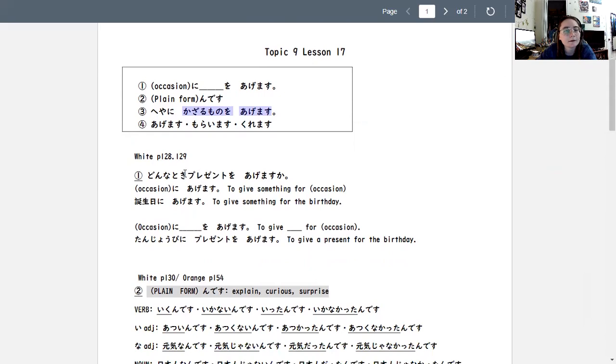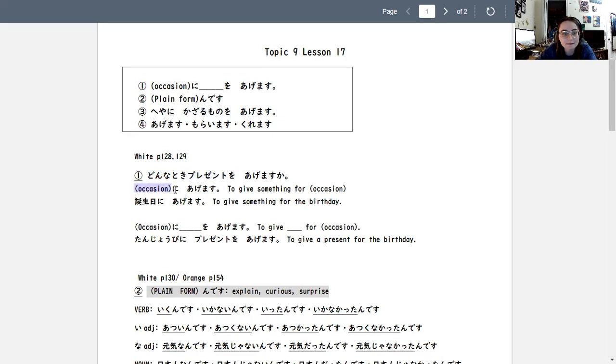Okay, so one is donna toki purezento o agemasu ka? Basically, what time did you want to give presents?